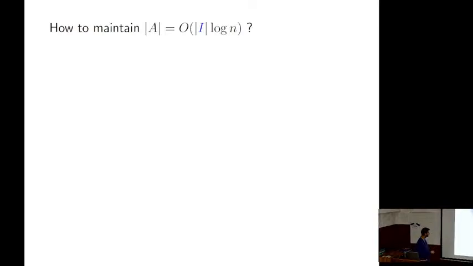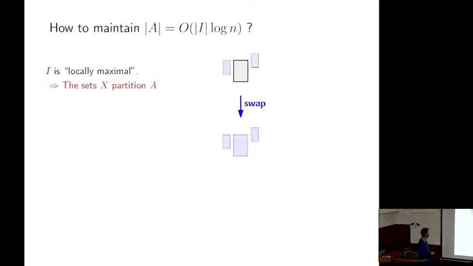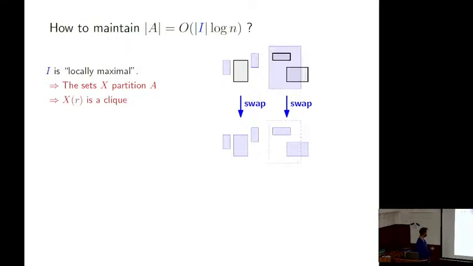Okay, so how do we maintain the fact that the active rectangles are bounded by the size of I times log n? First, we will make sure that I remains locally maximal. If it's not the case, we will do a swap, so we will change I. A first type of swap is if there is a rectangle that is independent from I, we just add this guy in I. This ensures that the sets X partition the active rectangles.